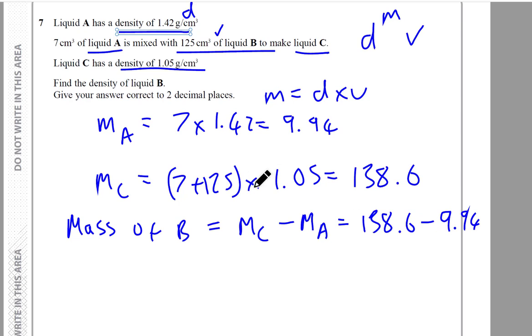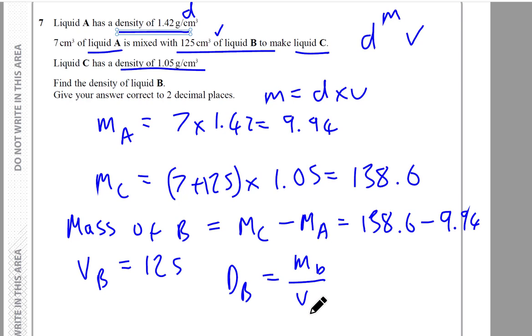We know the volume of B, VB, equals 125, so we can find the density of B. So D of B, density of B, equals the mass of B divided by the volume of B. So we're just going to write that whole thing in. You could work this out separately, up to you.